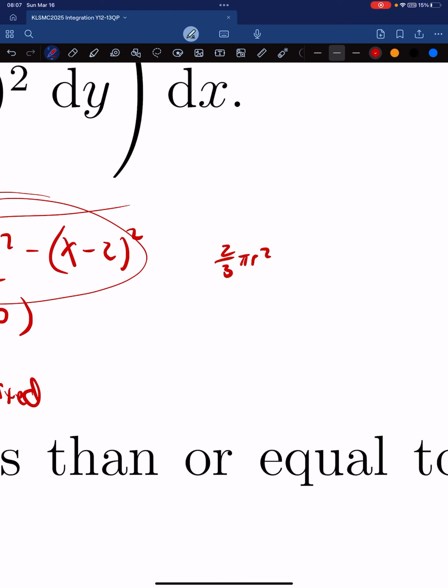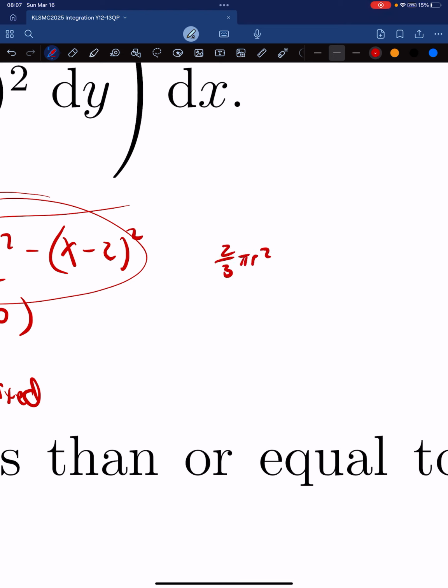So this is just the region where y is less than 1 minus x. The region will look something like this, right? This is the space where the floor function of x plus y equals 0.